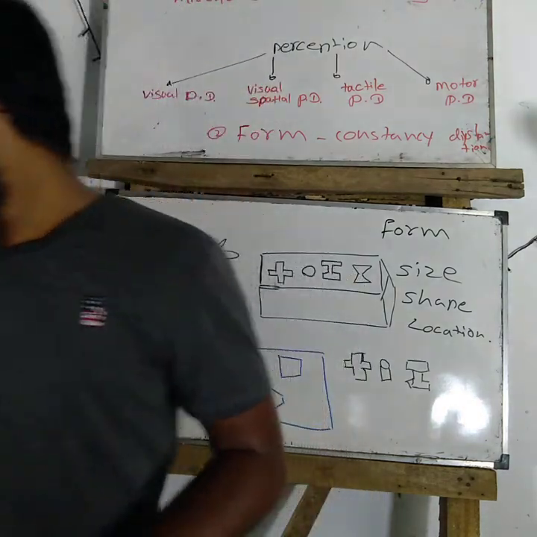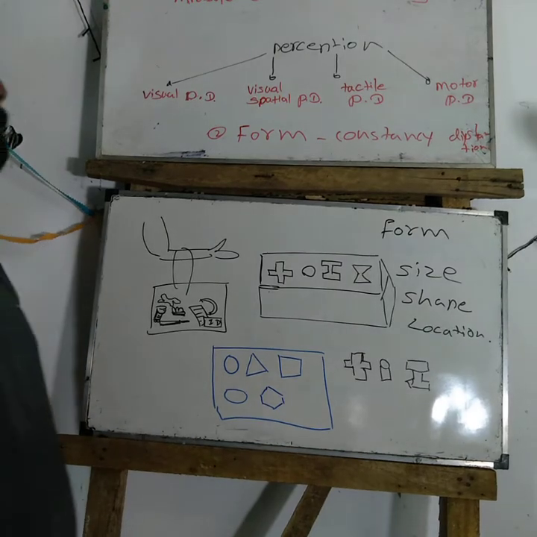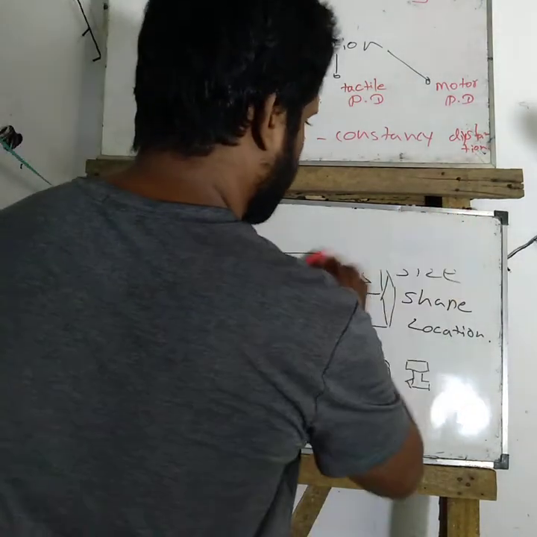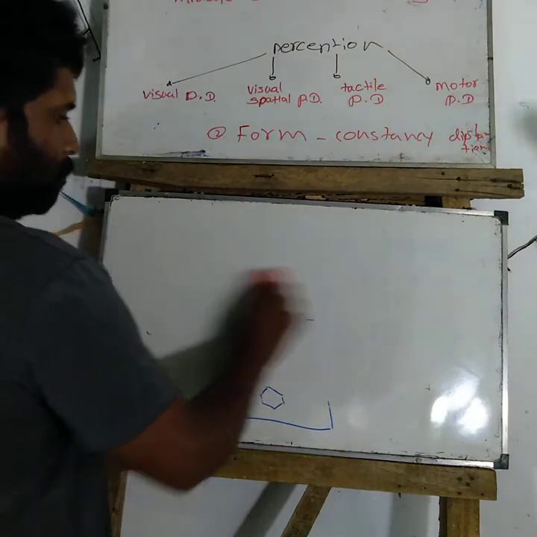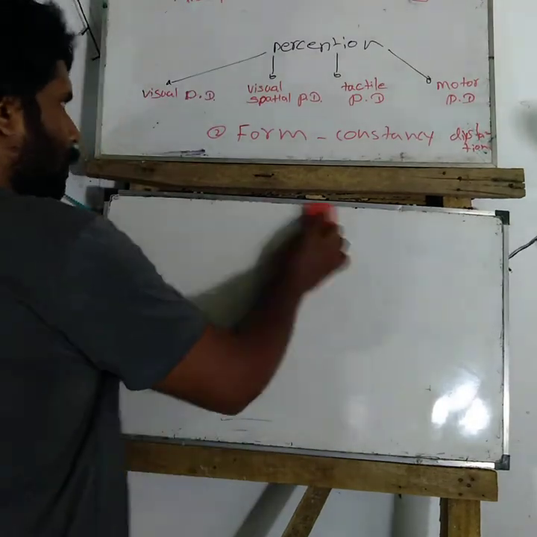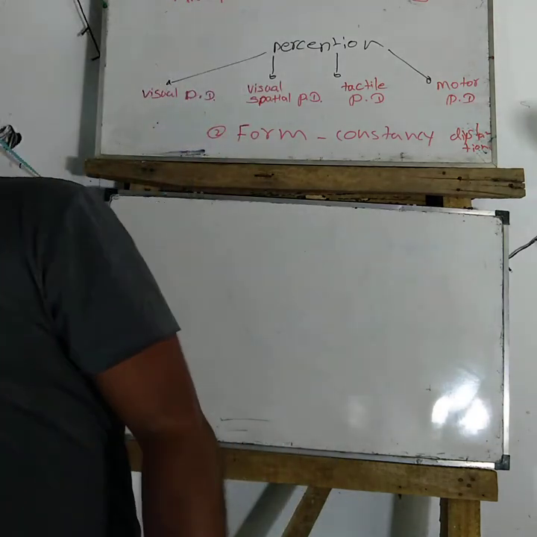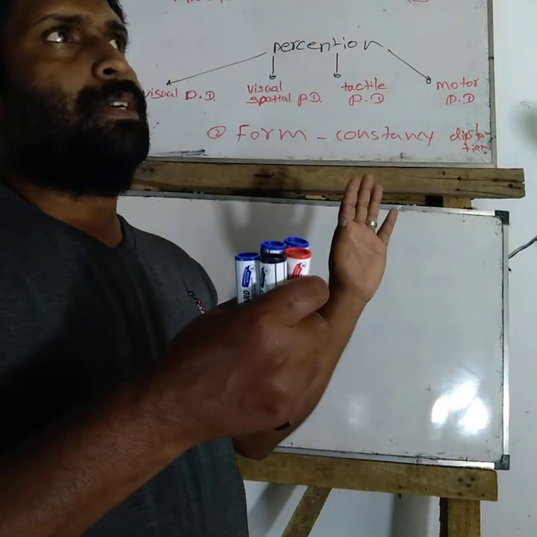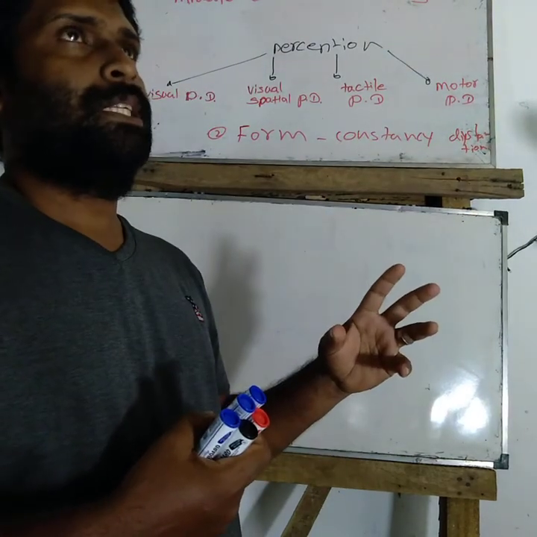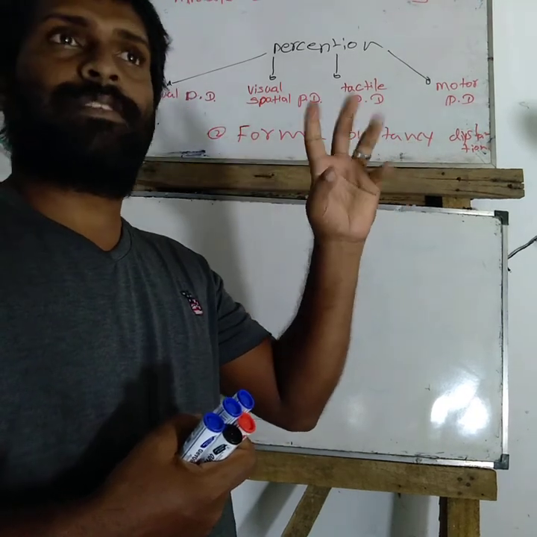Now we are going to the next one. The form constancy patients. Some of these patients in the hospital, a lot of them like to touch some form of dress.